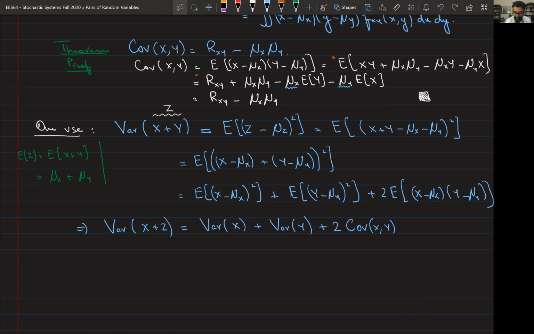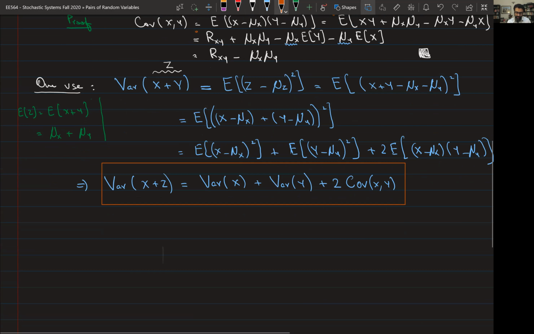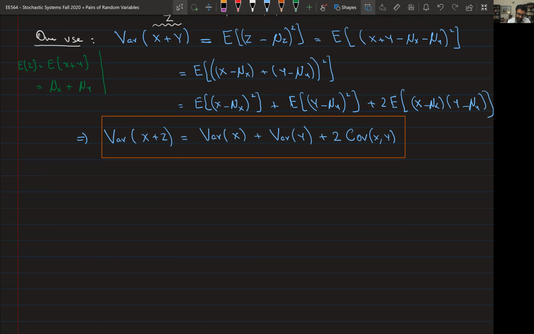Right, so this is an interesting result and a very useful result. Okay, now all of this leads to a definition of something which is very, very useful, called the correlation coefficient.